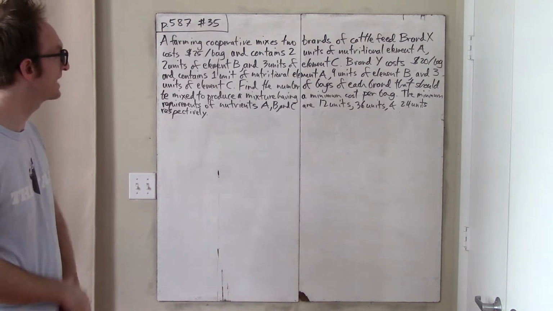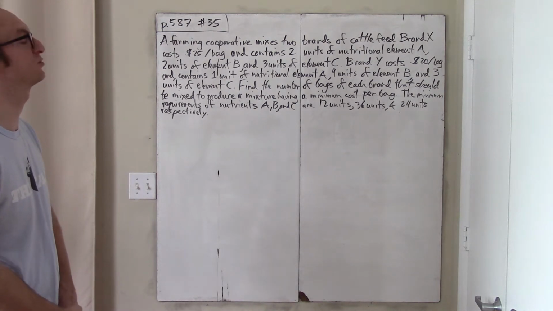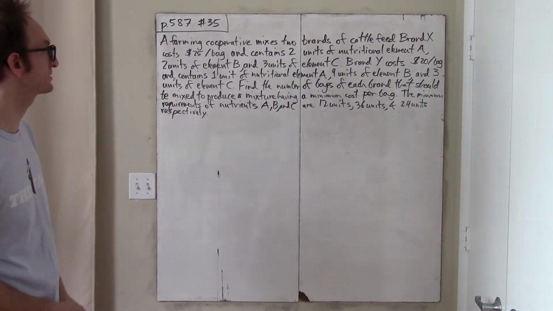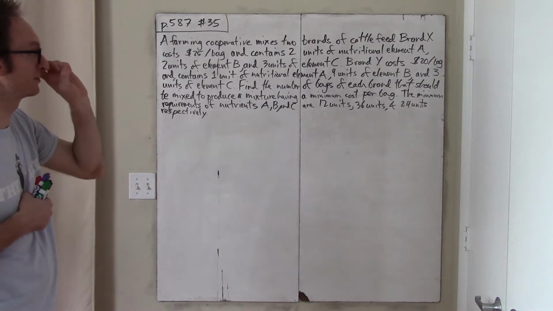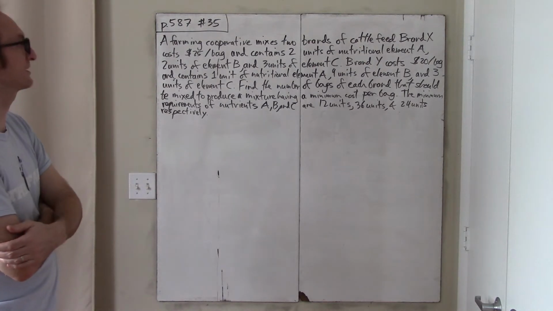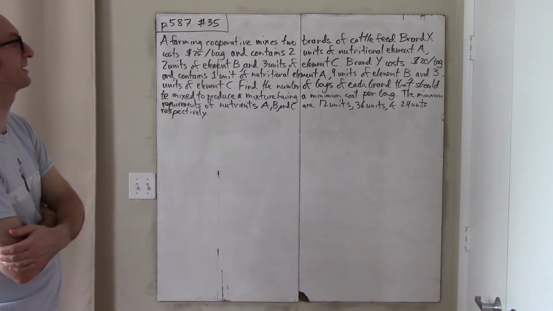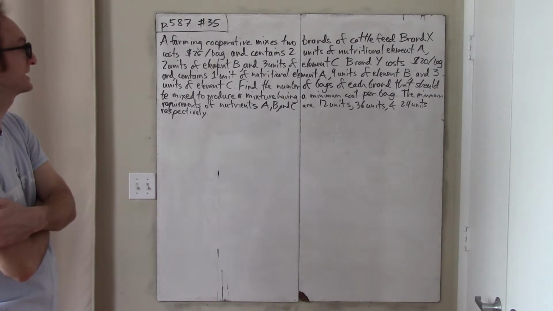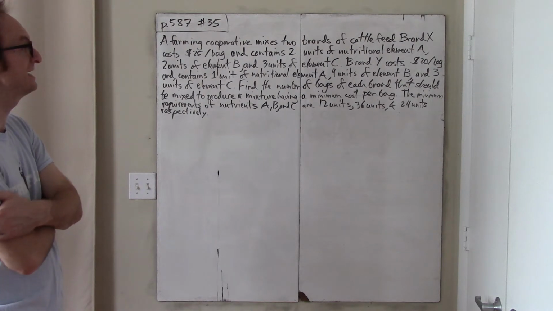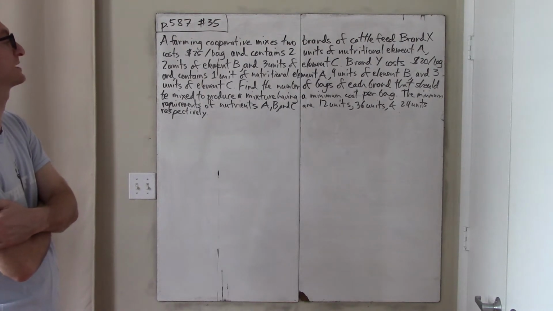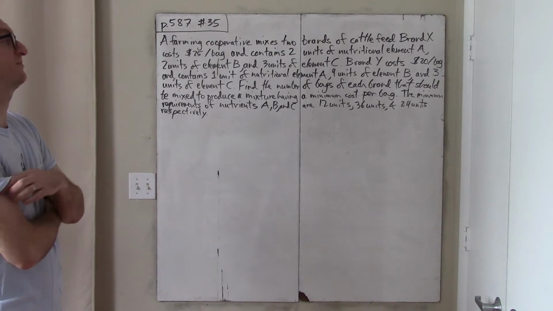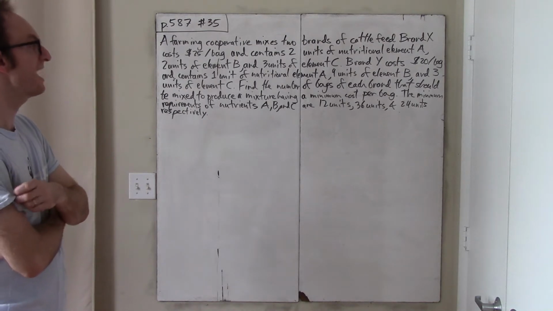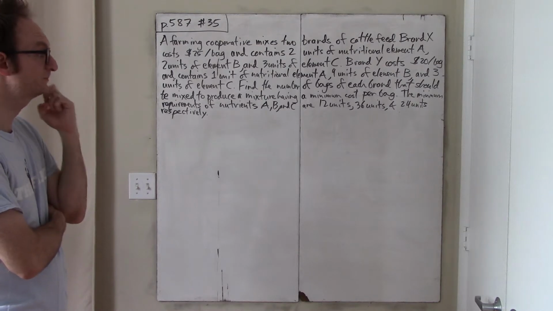What does it say? A farming cooperative mixes 2 brands of cattle feed. Brand X costs $25 per bag and contains 2 units of nutritional element A, 2 units of nutritional element B, and 3 units of element C. Brand Y costs $20 per bag and contains 1 unit of nutritional element A, 9 units of element B, and 3 units of element C. Find the number of bags of each brand that should be mixed to produce a mixture having a minimum cost per bag.